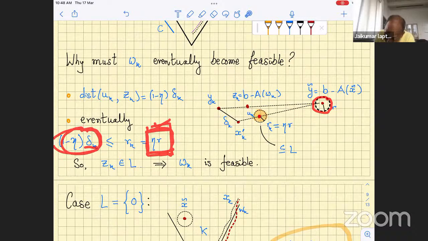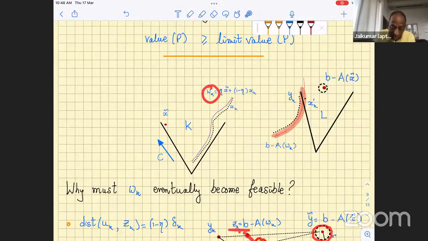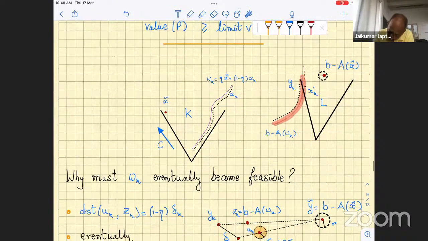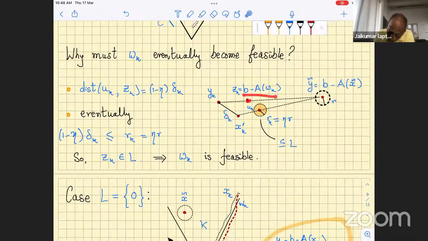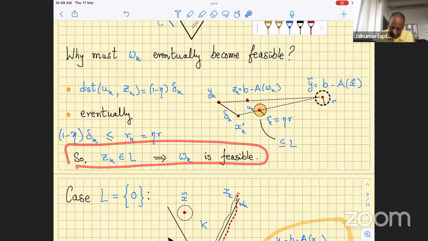That means this radius will be much bigger than this distance. That means this particular point would also fall inside this. To say that this point falls inside this is the same thing as saying that WK has become feasible. Because after all, this particular point was the image of WK. So eventually this ball will maintain its size, but these will be getting closer and will fall inside this ball. Okay. And so WK is feasible.